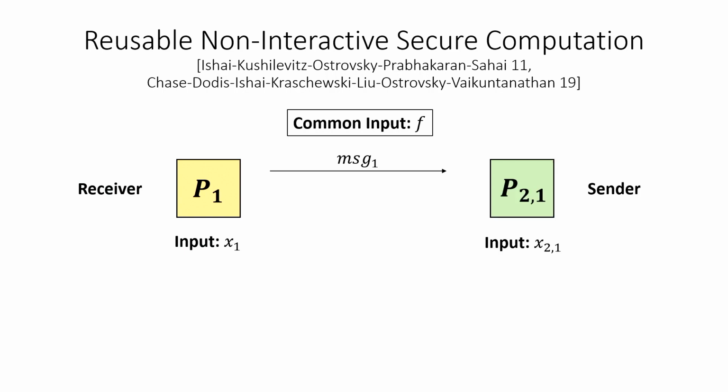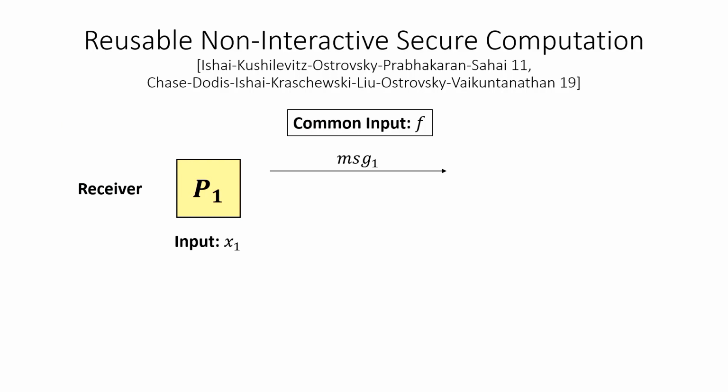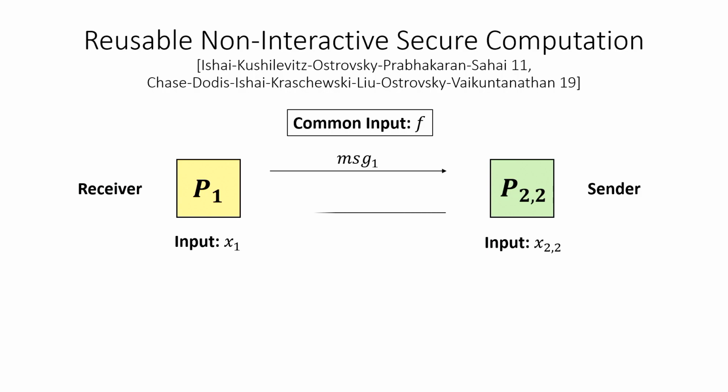And now the first sender comes with some private input x2,1, and this sender sends a single second-round message, message 2,1. And P1 can learn f of x1, x2,1. Then comes another sender, the same thing repeats, with the same first-round message, message 1, and P1 can now learn f of x1, x2,2, just from receiving the second-round message, message 2,2.